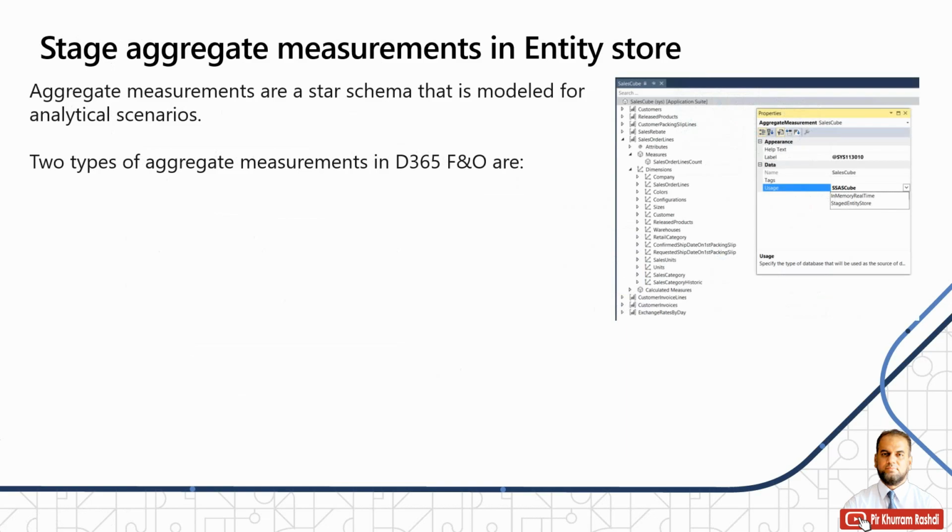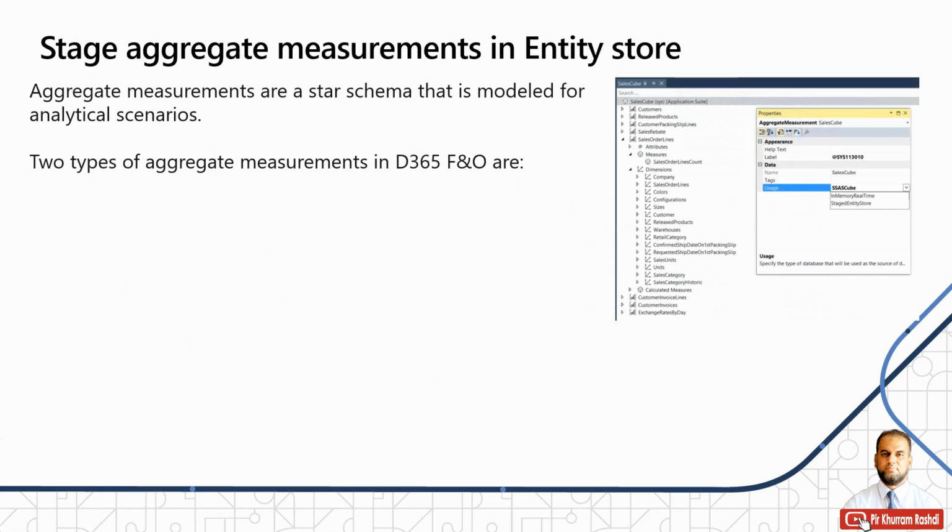So what are aggregate measures, and how are they staged in the entity store? Aggregate measurements are a star schema modeled for an analytical scenario. Two types of aggregate measures are available in F&O.